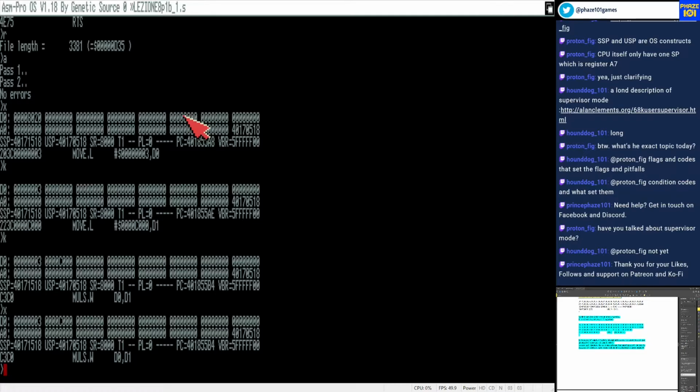So remember, this was a signed number, so C000 in D1 is considered a minus, a negative number. Because of that, hold on.